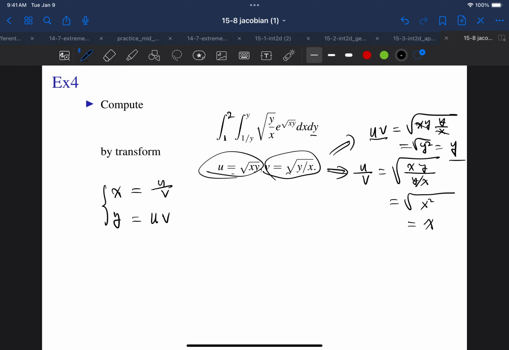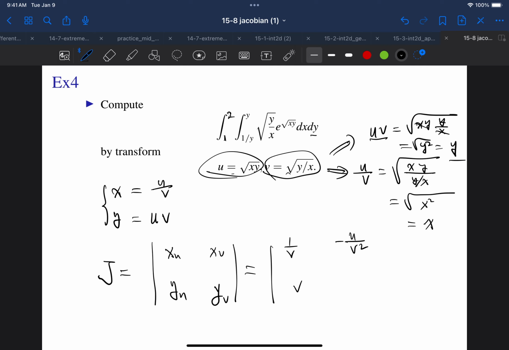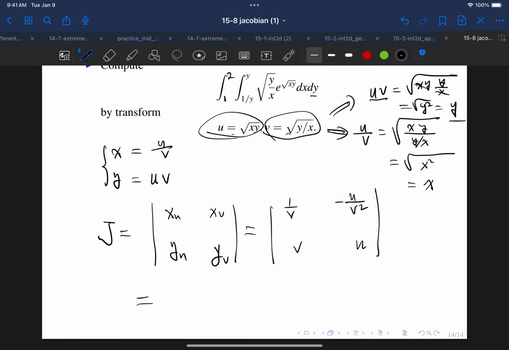Now we can do the Jacobian. The Jacobian is the determinant of x_u, x_v, y_u, y_v, which gives me x_u is 1 over v, x_v is negative u over v squared, and then y_u, y_v. For the determinant, this multiplication minus this multiplication.